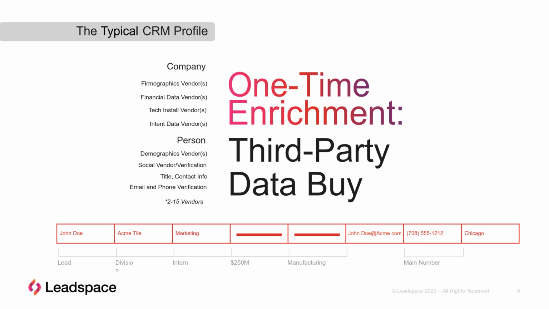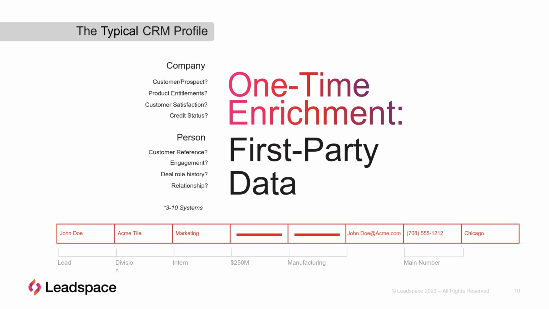So if you do a one-time enrichment, the second you've done it, your data is starting to go out of date because you're not regularly updating the data, and you don't have processes in place to do that. So this is where a lot of people are today. They're doing the one-time enrichment with third-party data to fill in or get more information.